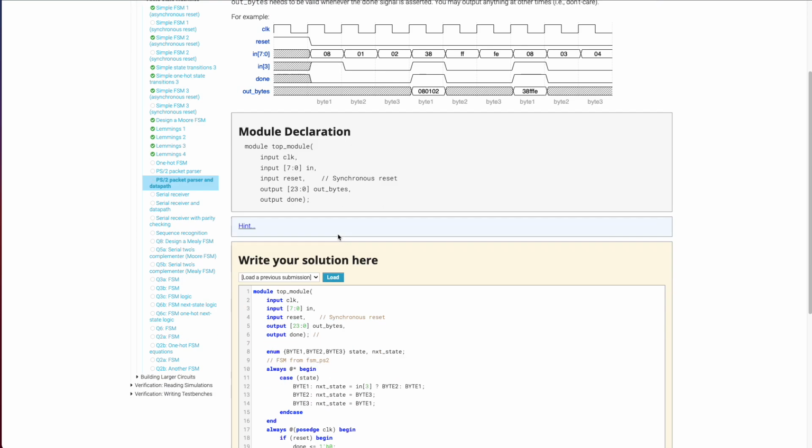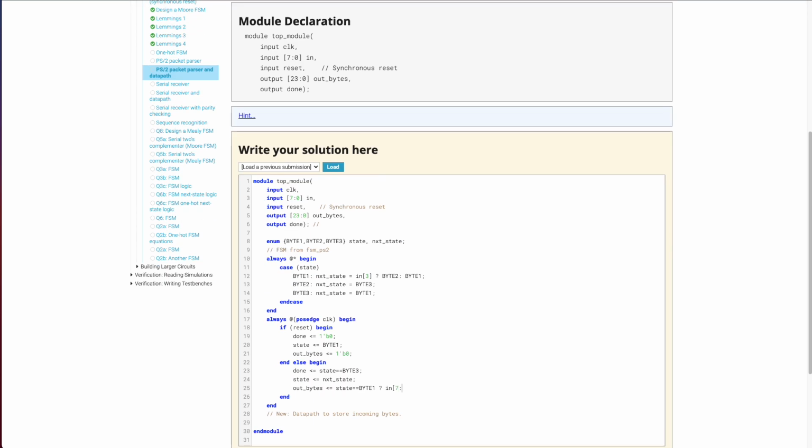So byte 1, I'll just shove it like this, but out byte is 24, like that.